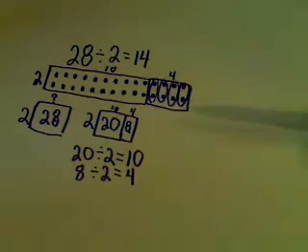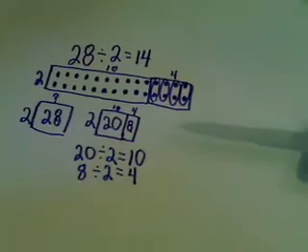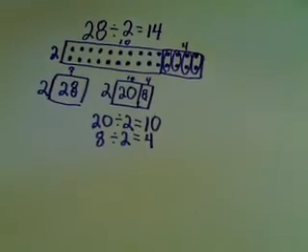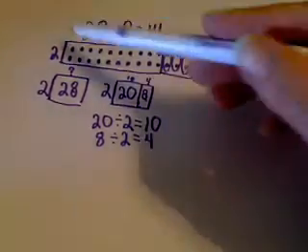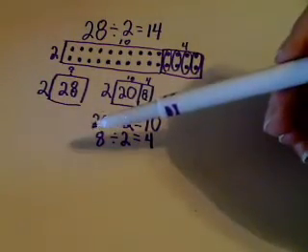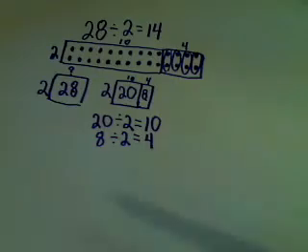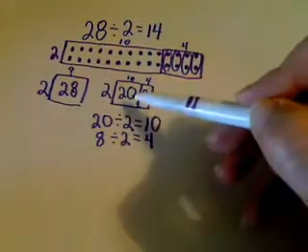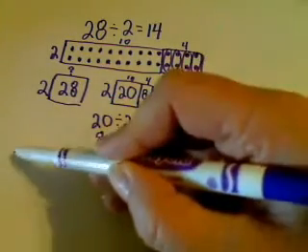Okay, and this is really great how this is going to take us right into the distributive property, because what you're doing in the distributive property is you're taking 28 and you're distributing some of it into smaller workable numbers. So in this case, we took 28 and we took the 20.